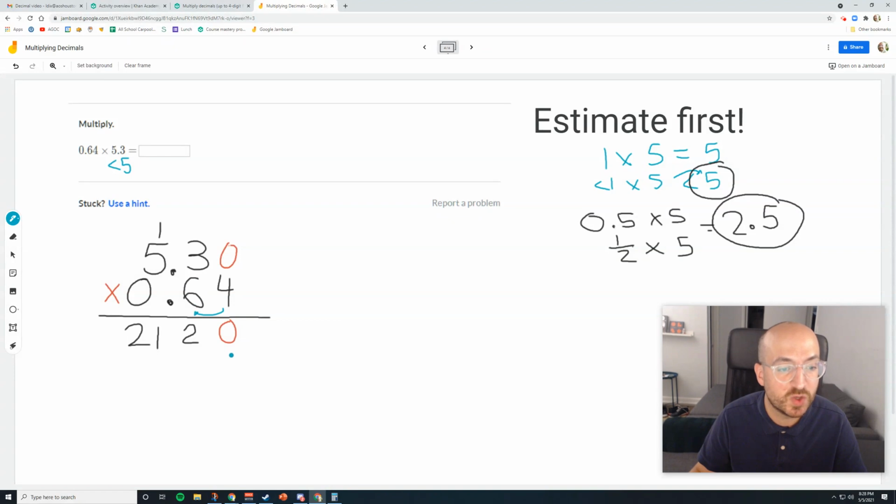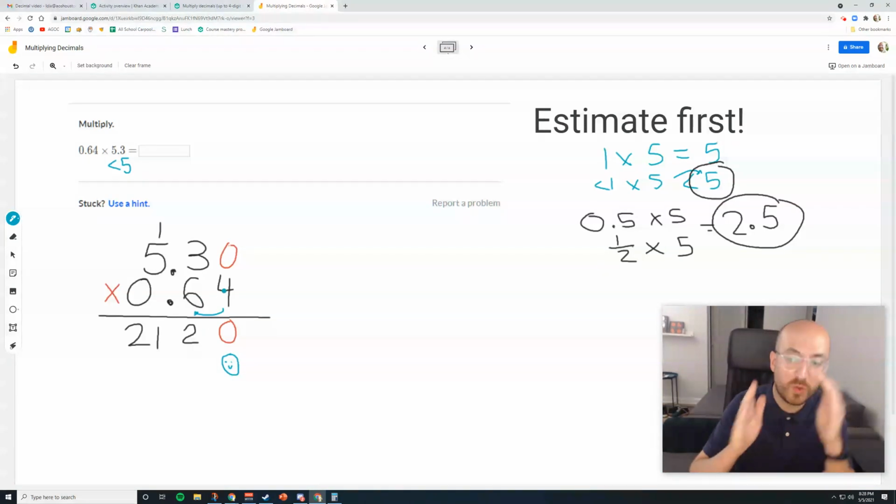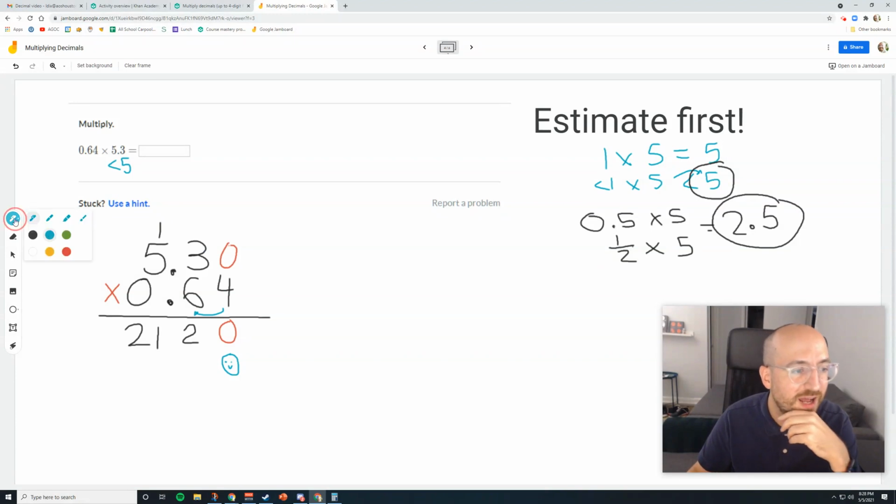All right, this 6 is a digit higher, right? It's in the tens place. So we increase the place value by putting a 0 there, since we're not in the hundredths anymore, we're in the tens place. And then if you really want to put this 6 times 0 is 0, okay? All of this, look, it's just extra rows of 0. Who cares about this? 6 times 3 is 18.